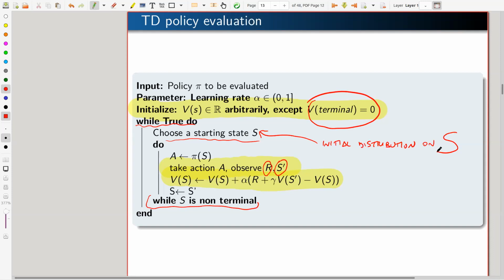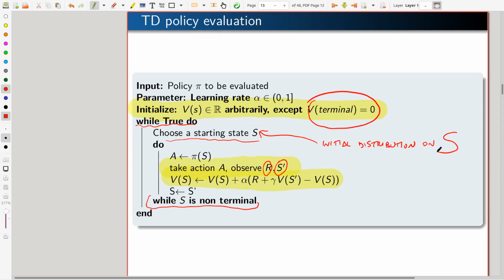Other questions? What if the policy is such that we always loop on the same state and never get the terminal?